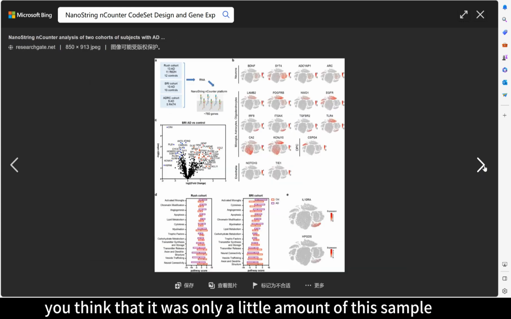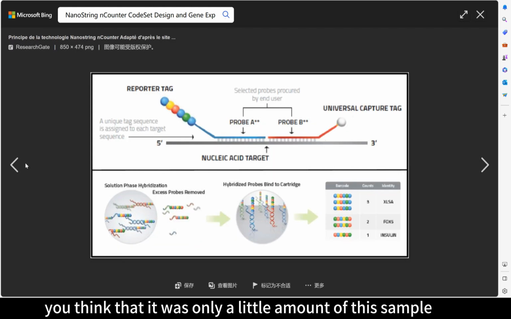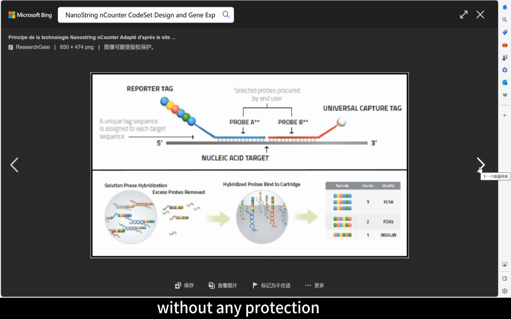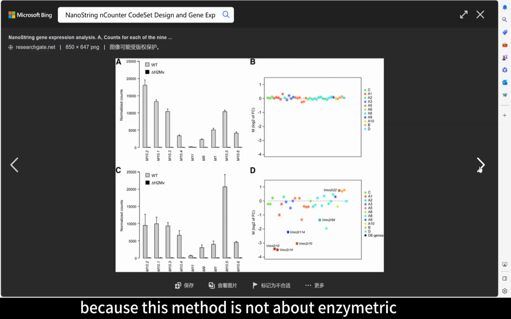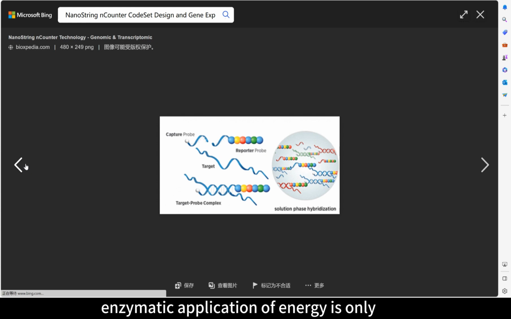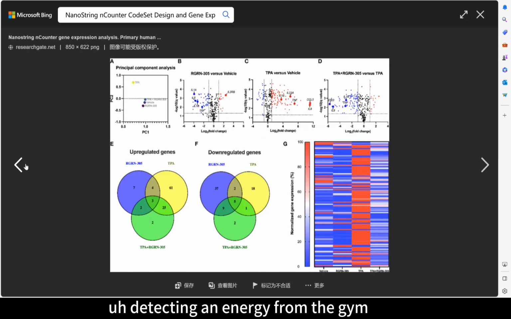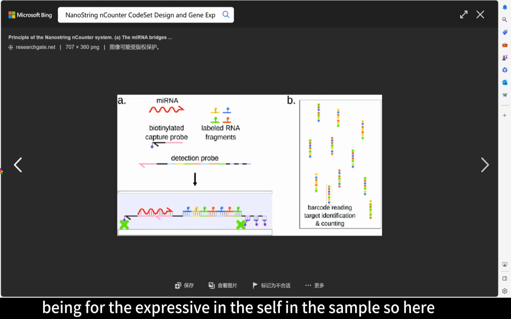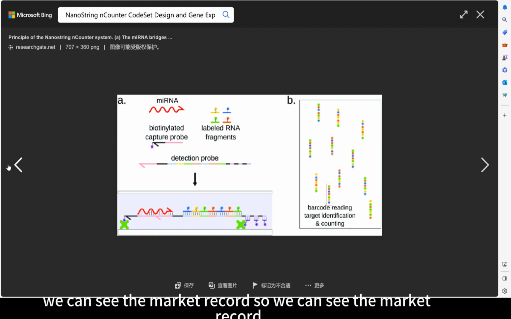The technology requires only a small amount of sample: 1 nanogram of RNA input per sample without any amplification, because this method is not about enzymatic amplification of any genes, only detecting and identifying the genes being expressed in the cell, in the sample. Here we can see the molecular barcode.